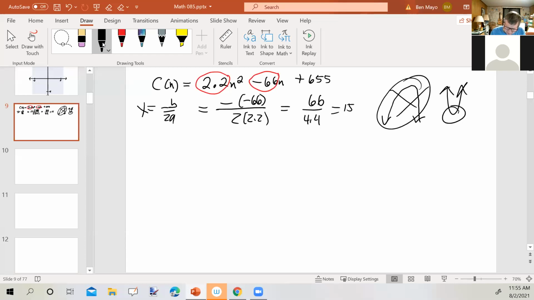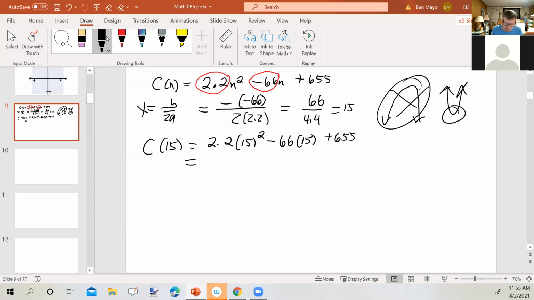Okay. So 15 is what? The number of minutes. So C of 15 is 2.2 times 15 squared minus 66 times 15 plus 655.